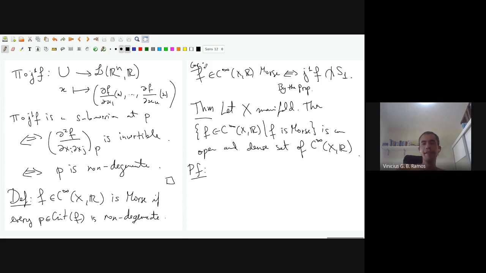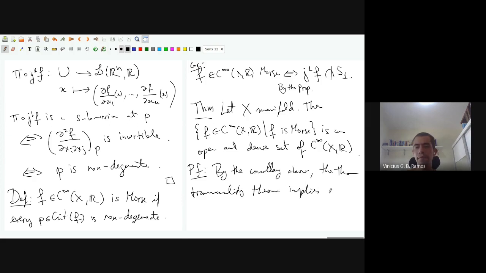I mean, now it's basically obvious if you understood up to the corollary, because you see that being Morse is the same as some transversality condition. So, by the corollary above, the Thom transversality theorem implies that the set of Morse functions is residual and hence dense.